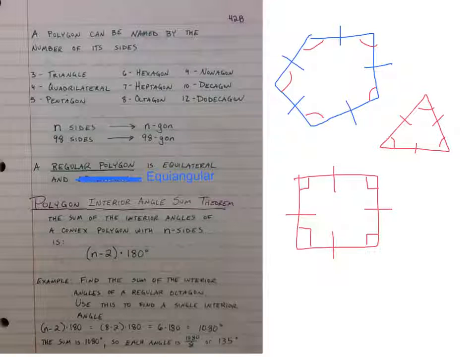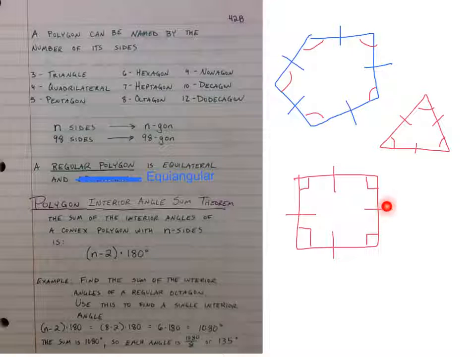There's 2 theorems that we learn in this section of the book, the first being the Polygon interior angle sum theorem, which says that the sum of the interior angles of a convex polygon with n sides is n minus 2 times 180. So if we wanted to do that for this square over here, the square has 4 sides, 1, 2, 3, 4.